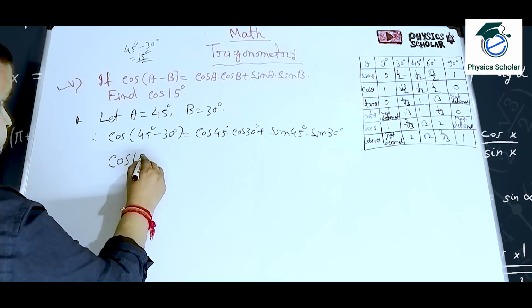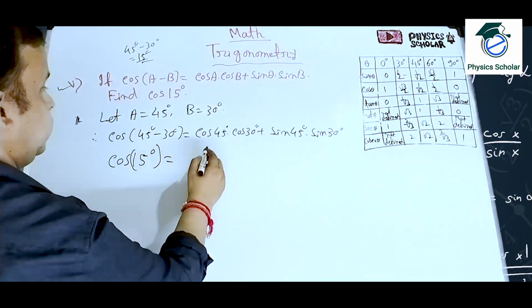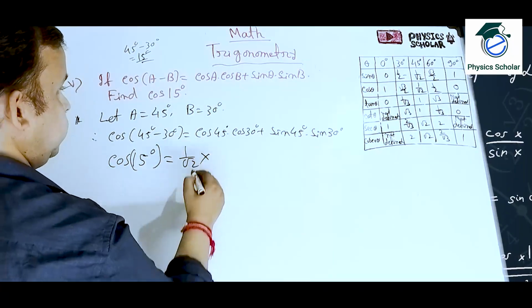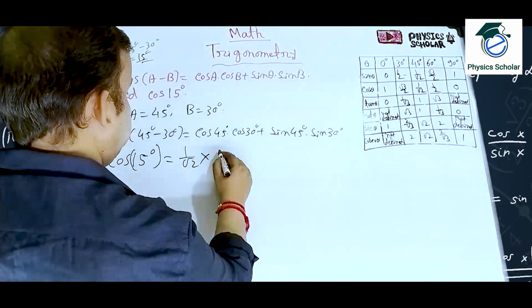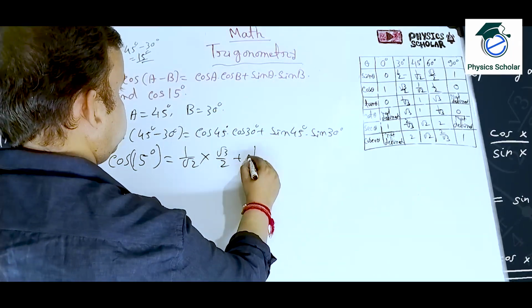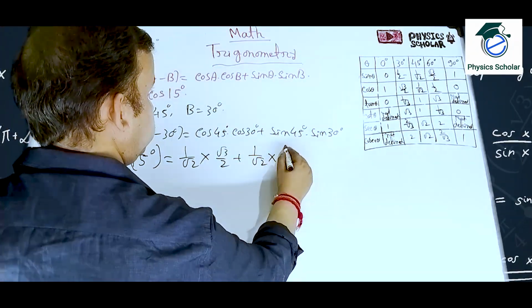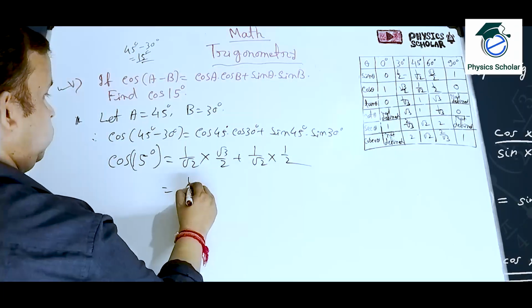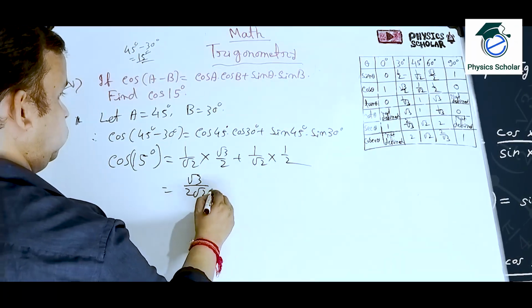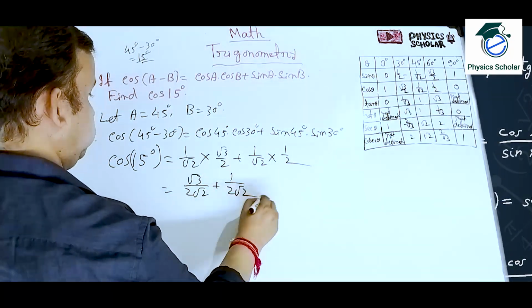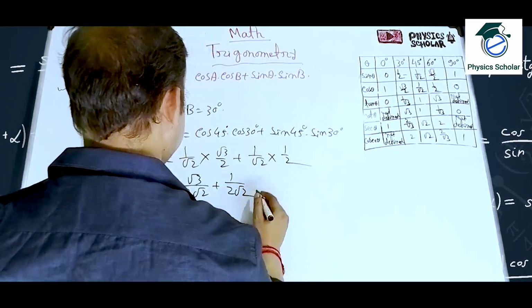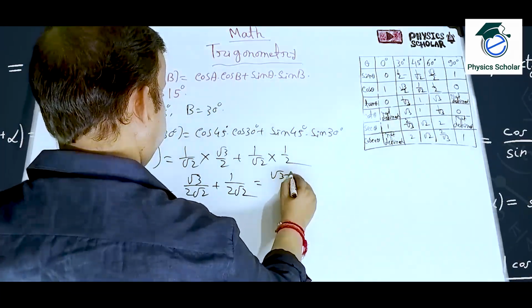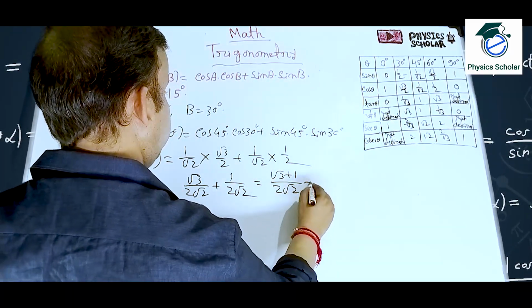So it is what? Cos 15. That only we have to find out. Is equal to cos 45, 1 by root 2, into cos 30. Cos 30 means root 3 by 2, plus sin 45, 1 by root 2, into sin 30 means half. So root 3 by 2 root 2 plus 1 by 2 root 2. Clear? So that means root 3 plus 1 by 2 root 2. The same thing.